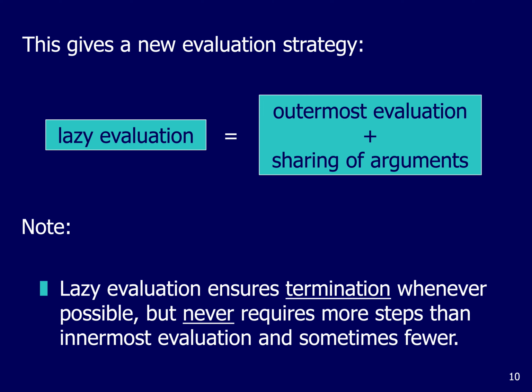And one more little point to note down the bottom here: lazy evaluation ensures termination whenever possible, but it never requires more steps than innermost evaluation, and it sometimes requires fewer, in particular because innermost evaluation may require an infinite number of steps and thereby not actually terminate.